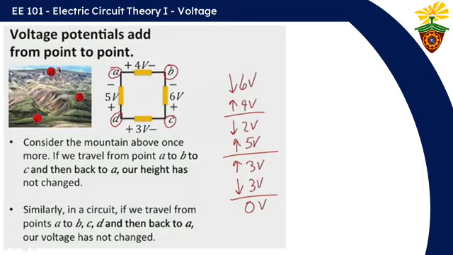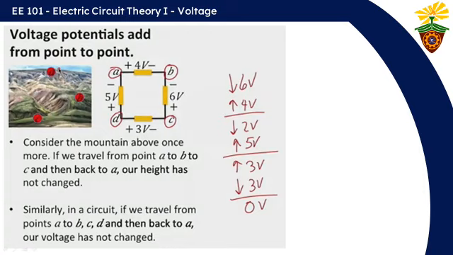From D to C, we're going from plus to minus, so we've gone down 3 volts, and our total voltage is 0.